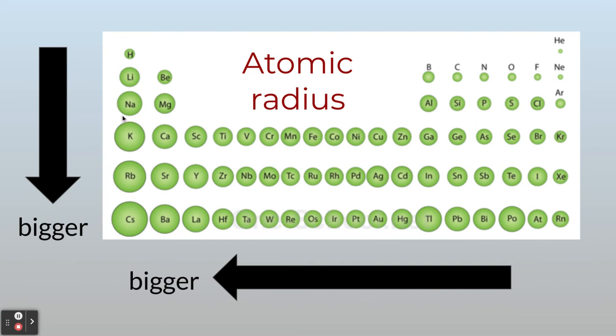So atoms on the left side of the periodic table and towards the bottom are going to be the biggest atoms. All right, so if you can remember these arrows, going down, they get bigger, going to the left, they get bigger. Go ahead and draw those arrows on your notes page.